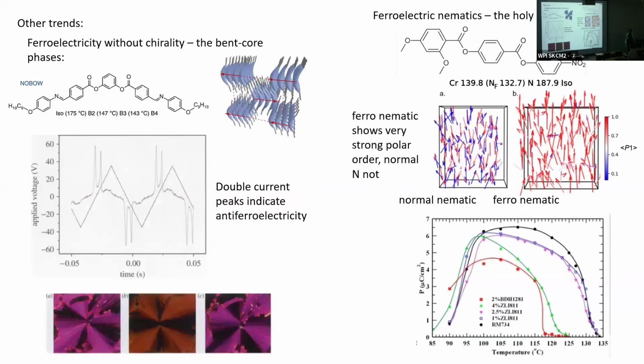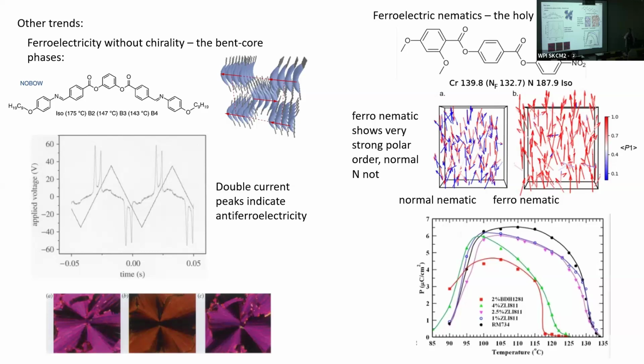So there are other trends, ferroelectricity without chirality. These are the bent core materials, the banana-shaped molecules that I showed at the very beginning. For steric reasons, they stack up like this, and then they can have in their layer a polarization which goes this way, and the next layer in the other direction.